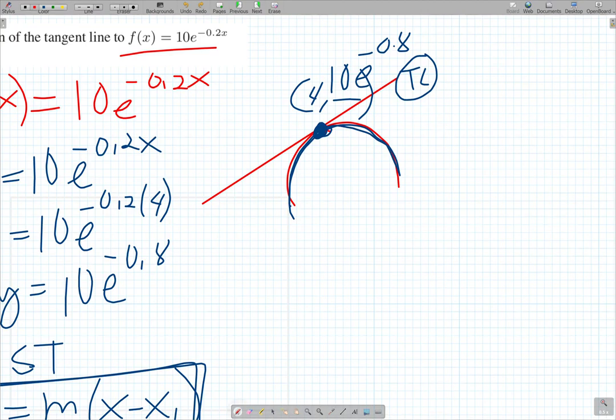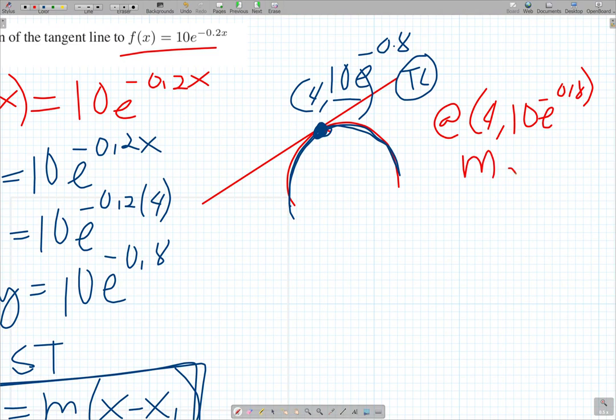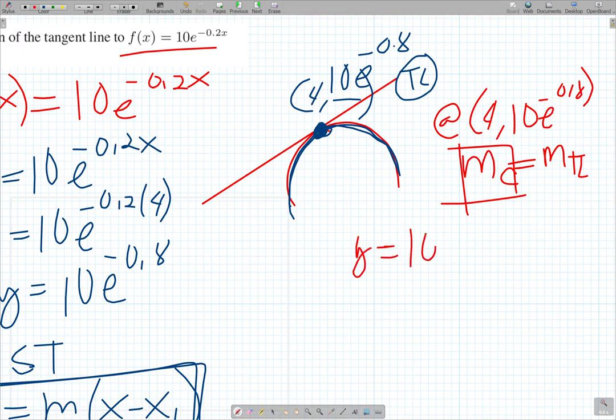So, okay. So, para maintindihan, no? At 4 and 10 e negative 0.8, the slope of the curve is just the same as the slope of the tangent line. So, pwede natin kunin, class, ang slope ng curve. May binigay kasi ang equation ng curve, which is f of x or y, diba? 10 what? 10 e negative 0.2x.